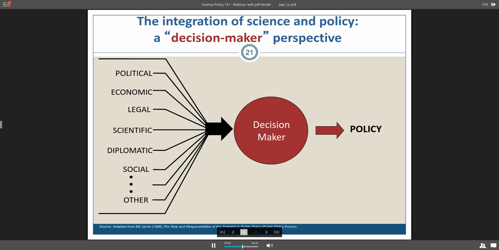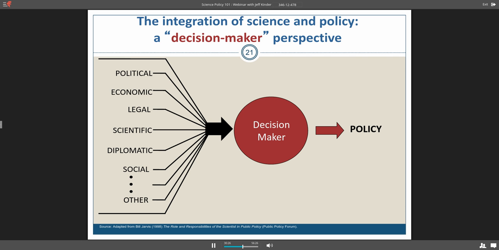But more importantly, of course, science is rarely, I would say probably never, the only consideration that a decision maker has. And so obviously there are political or economic, perhaps legal considerations. If it's an international issue, it may have diplomatic implications. So there's a whole list of other considerations that the decision maker has to take into account, science being only one of them.